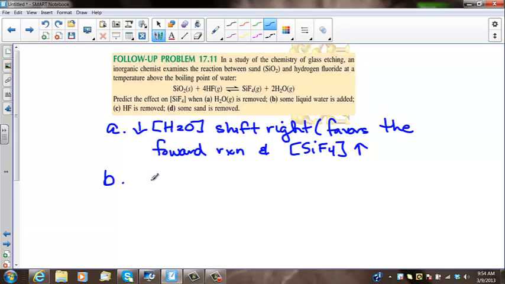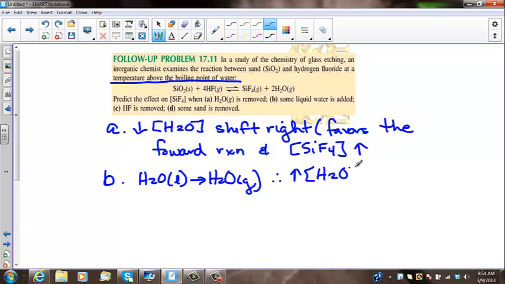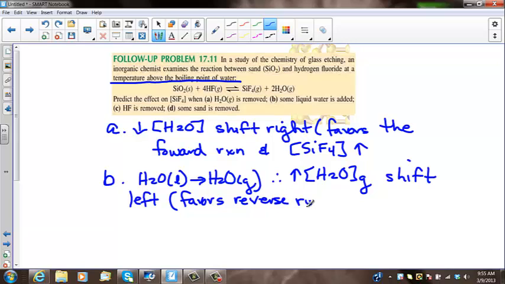So as soon as I add liquid water, this H2O liquid is going to get converted to H2O gas because the reaction is above the boiling point of water, which is therefore going to increase the concentration of H2O gas, which is going to cause a shift to the left, and that favors the reverse reaction, which means that the concentration of SiF4 will decrease.